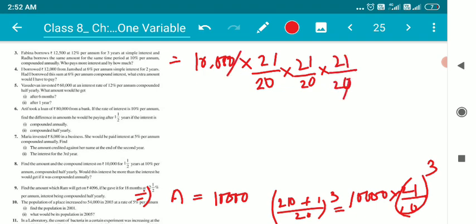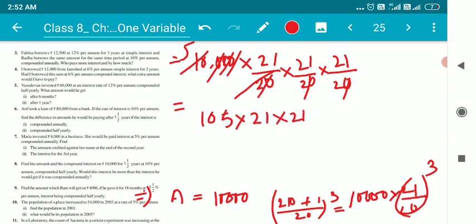The zeros get cancelled. 5 twos are 10, so here I'm getting 5 into 21; 5 ones are 5, 5 twos are 10. 105 into 21 into 21 by, here, 2 twos are 4.